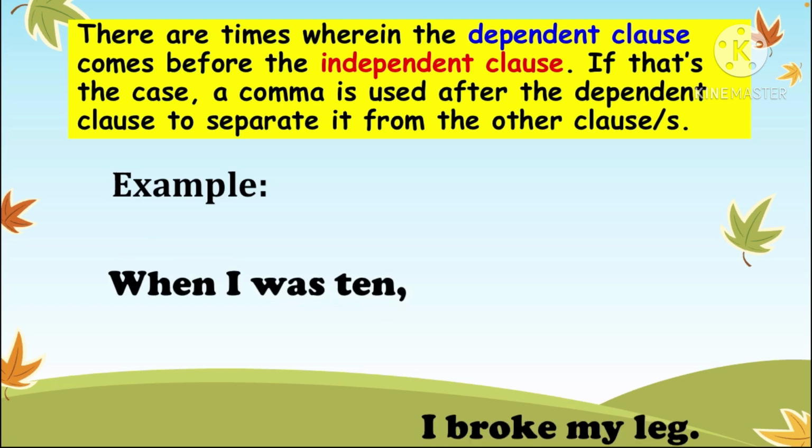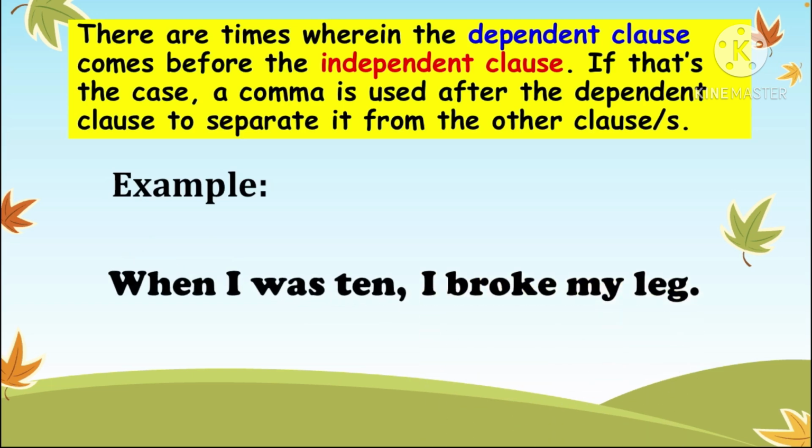When I was 10, I broke my leg. When I was 10 is the dependent clause, while I broke my leg is the independent clause. Why dependent clause? Because when I was 10 cannot stand on its own.